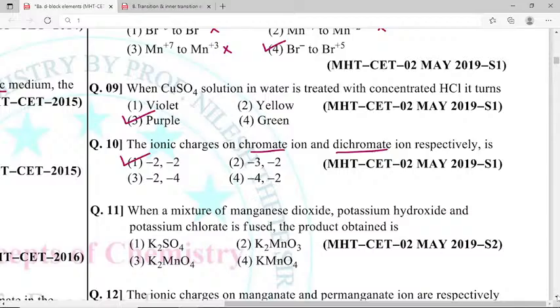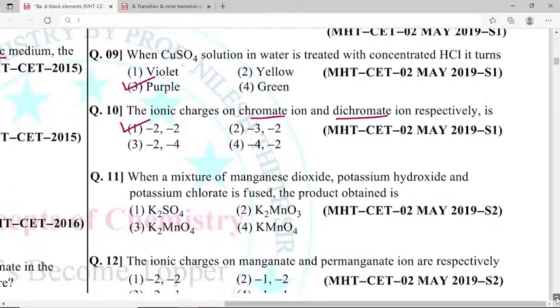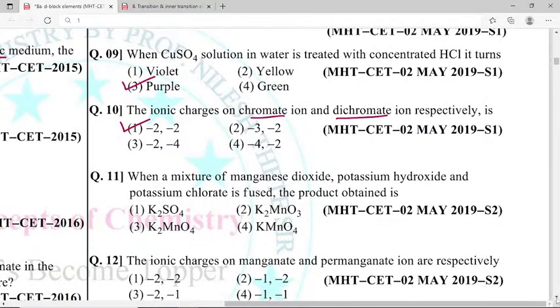Chromate is CrO4 2 minus, and dichromate is Cr2O7 2 minus. So chromate is minus 2 and dichromate is also minus 2 in ionic charge.